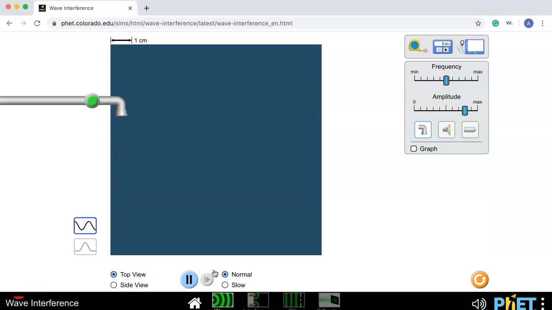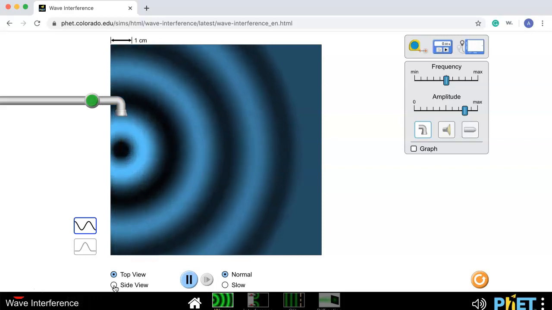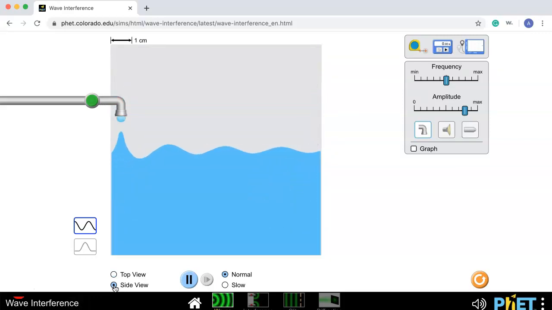Okay, so first let's review just one of these in a bit more detail. If I just start this, we see these wavefronts, and then I can look also at the side view. This is a view from the top, right? The side view looks at some cross section of that, and then you have these sine waves that propagate away. As you can see, the amplitude is going down here. We can maybe increase the frequency, so faster.